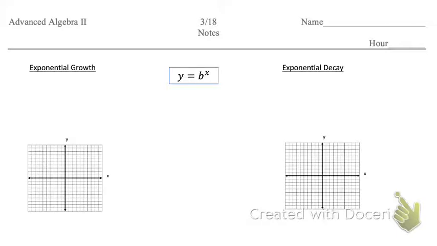Okay, so the first thing we're going to do today is review our exponential growth and decay graphs. First, I want to remind everybody that an exponential has the variable in the exponent. And there are two kinds of graphs, growth or decay. It all depends upon what your b value is. In exponential growth, your b value will be greater than 1.